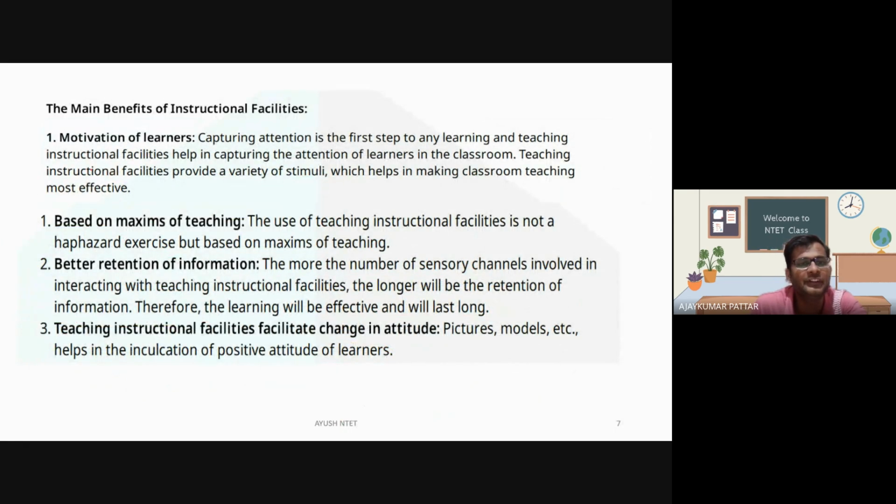Then the main benefits of instructional facilities. So now we are moving to instructional facilities, not instructional materials. What are the facilities available for teaching methods, or what are the facilities, if better facilities are given by the institution for teaching methods.